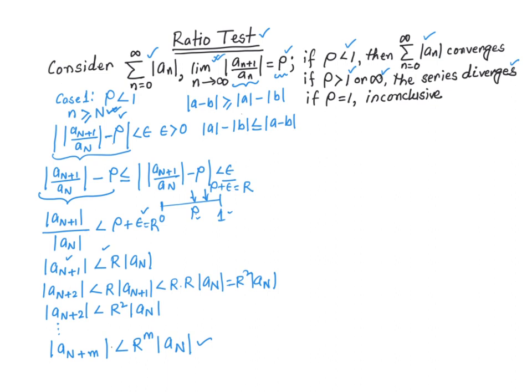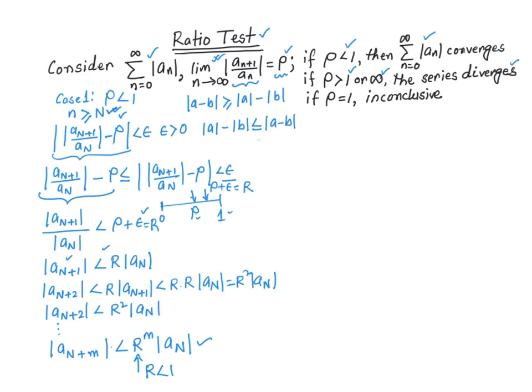Now, this is the relation that I'm going to be using very shortly. And before I go into details of this, let me just remind you that this r is actually less than 1, a fact which is going to be very important for us. Now, let's go ahead and continue our journey here.